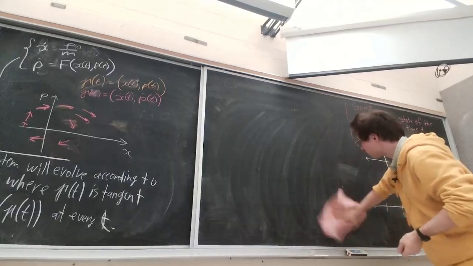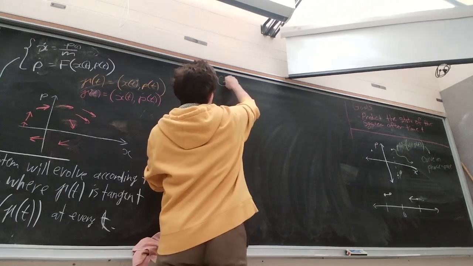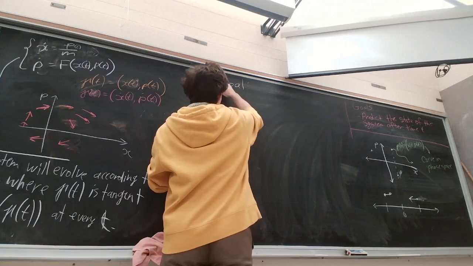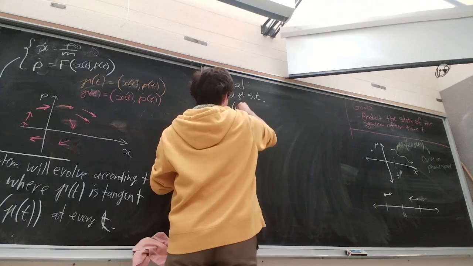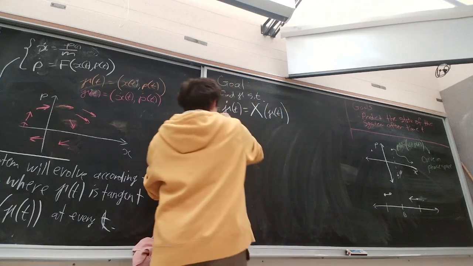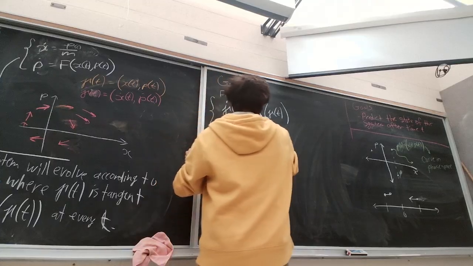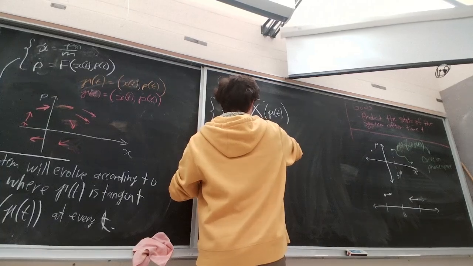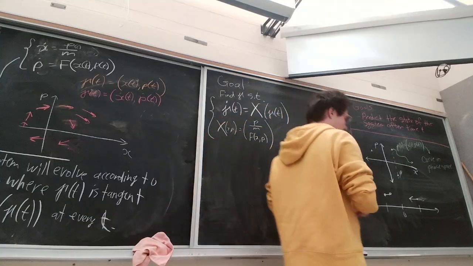So in other words, what we're trying to do, now we've written the goal in a slightly more mathematical way: we want to find gamma such that gamma dot of t is equal to X of gamma of t, where X of x comma p is equal to p over m, f of x comma p. Do you agree?